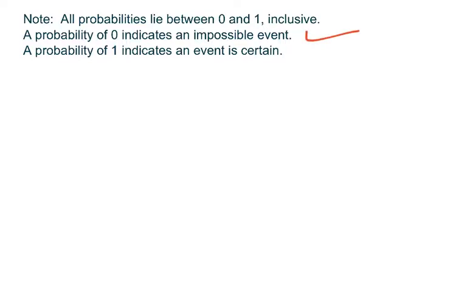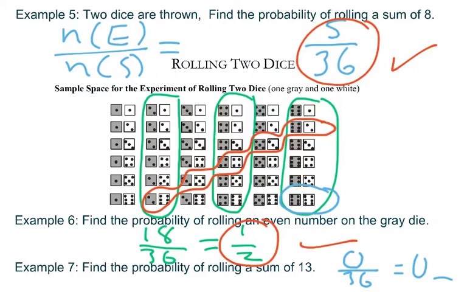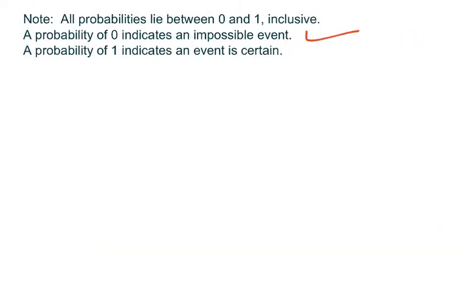A probability of 1 indicates that the event is certain. So if I were to ask, for example, what's the probability of rolling a sum less than 100, all of these outcomes would give you a sum less than 100. So it would be 36 over 36, and that would be 1. A probability of 1 indicates that an event is certain. I hope that helps.